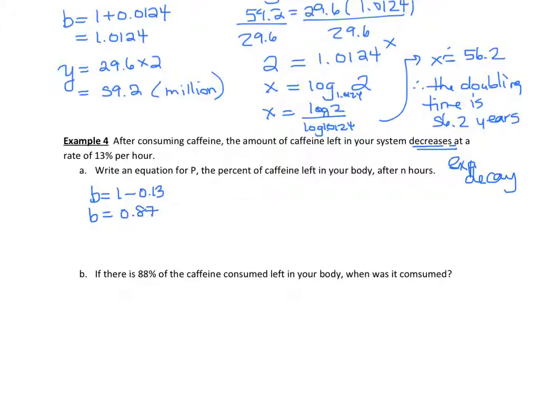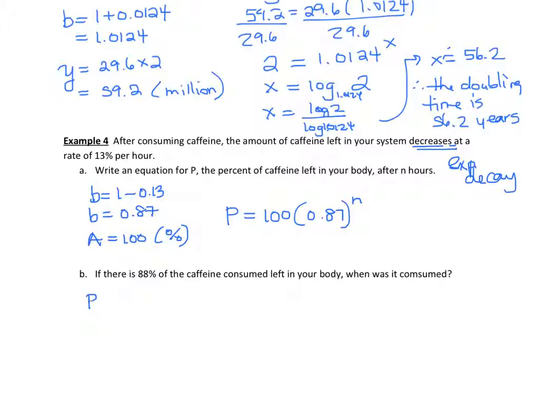And the other tricky thing about this one is we're dealing with percent. So the initial amount in a percent question would always be 100. And in brackets, we'll just put percent to remind you. So your equation then would be P equals 100 times 0.87 to the exponent n. Part B says if there's 88% of the caffeine consumed left in your body, when was it consumed?